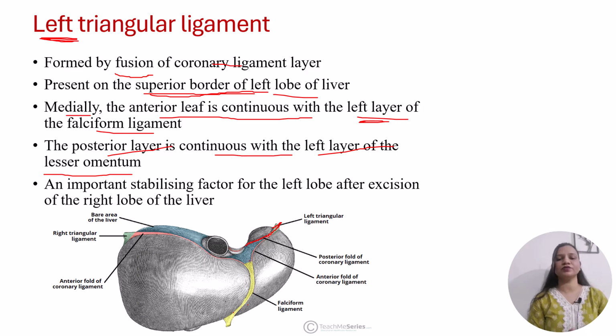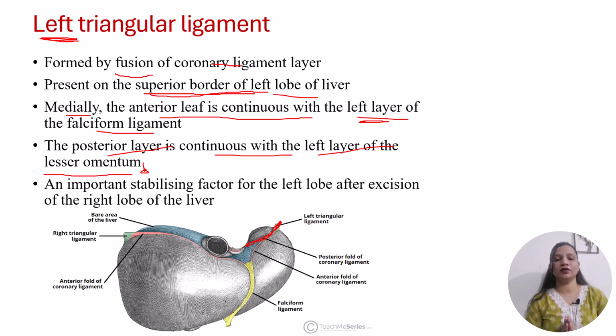This becomes continuous with the left layer of the lesser omentum. The lesser omentum is attached on the inferior surface over the porta hepatis, which we will discuss in a further slide. So, with the left layer of the lesser omentum, the posterior layer of the left triangular ligament is continued.